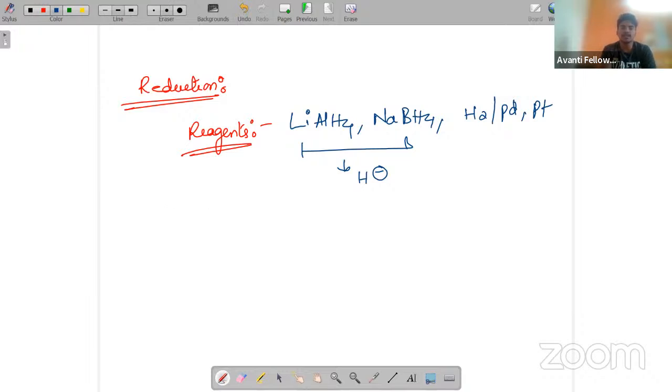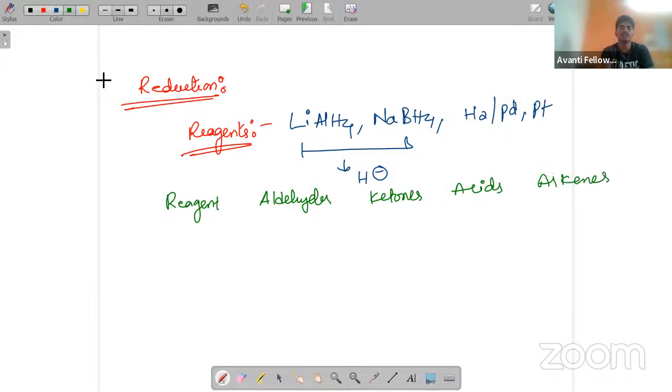Let's suppose LiAlH4. Let me arrange this. First one is reagent. Then which is giving positive test and negative test. First I'm going to write aldehydes, next ketones, acids and alkenes.